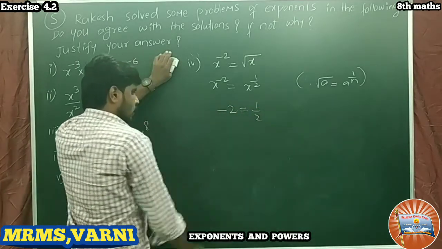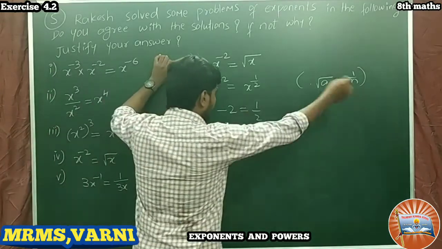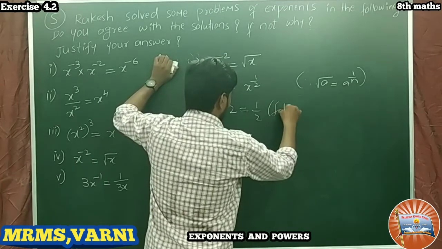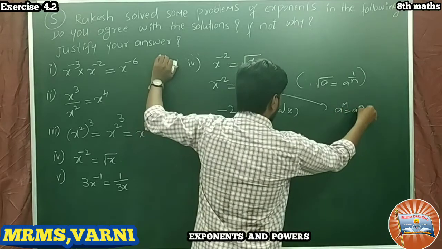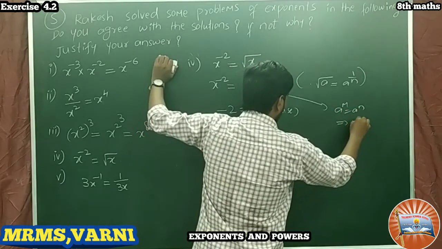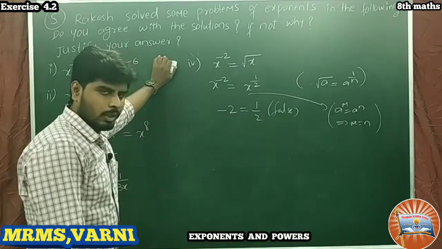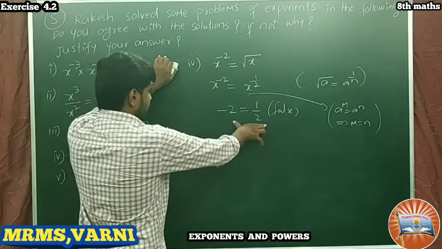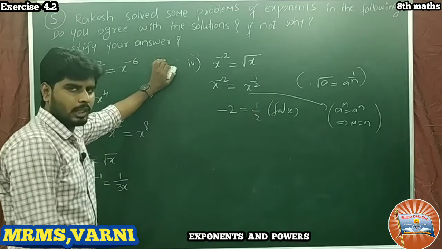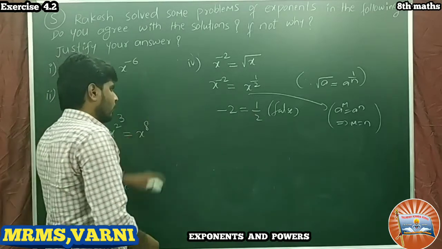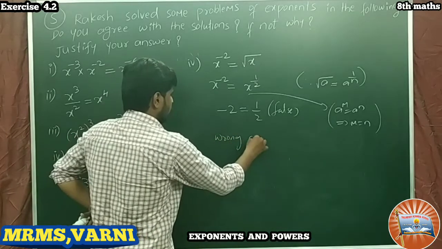So minus 2 is equal to 1 by 2. Is it true? No, it is false. Which formula have I used here? a power m is equal to a power n implies m equals n. This is a false statement. Minus 2 is never equal to 1 by 2 because they are two different numbers. So here also the solution is wrong.